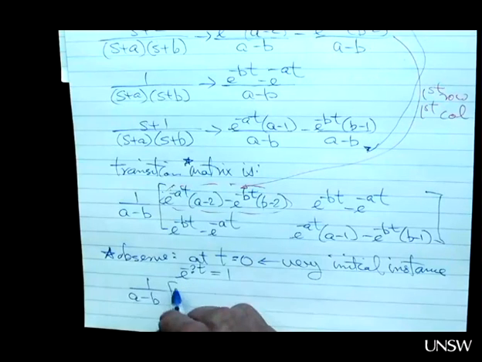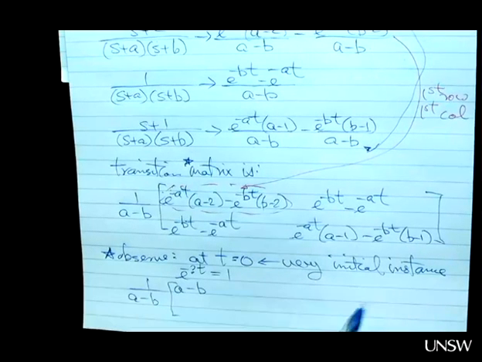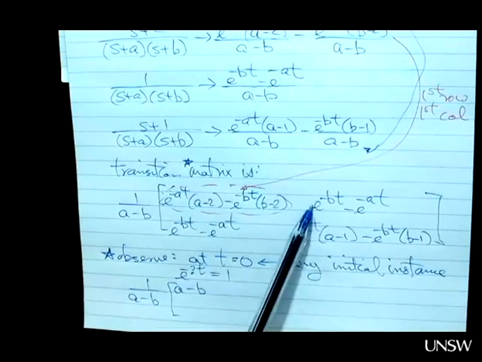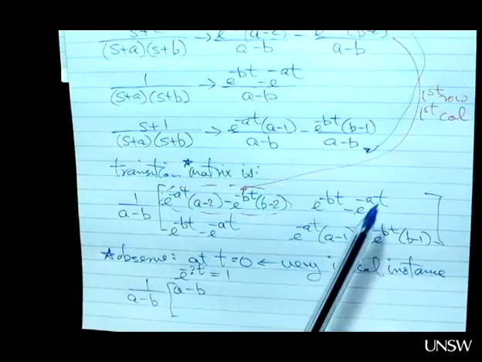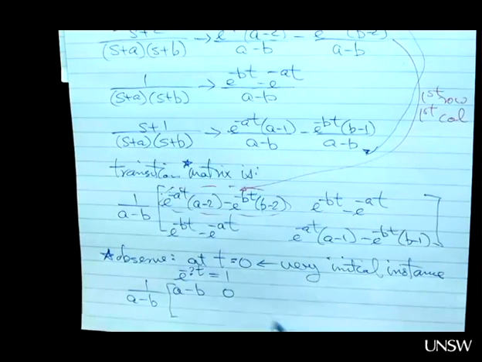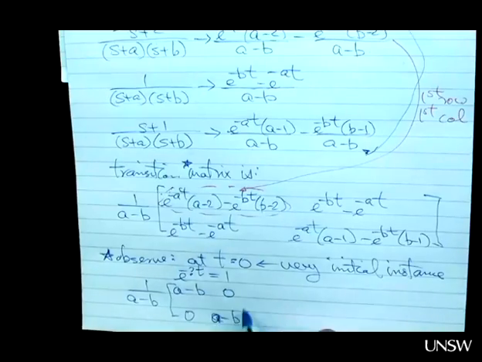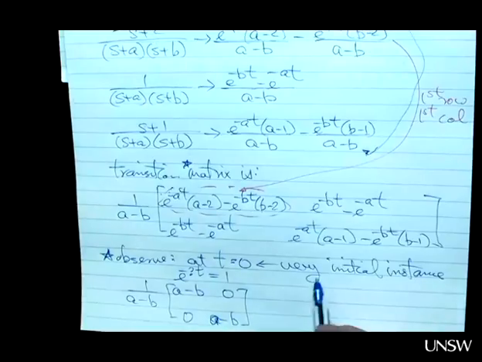And then for the second term, the exponent is 1, and then the exponent is 1, and then it is 0. This term is the same, and then it is also A minus B. So it becomes what?